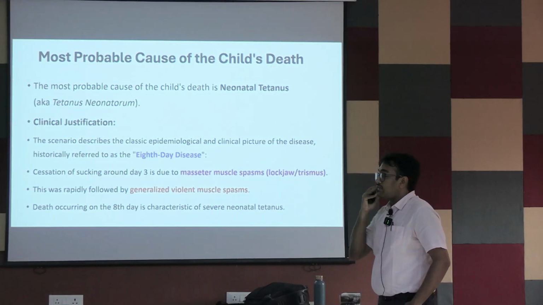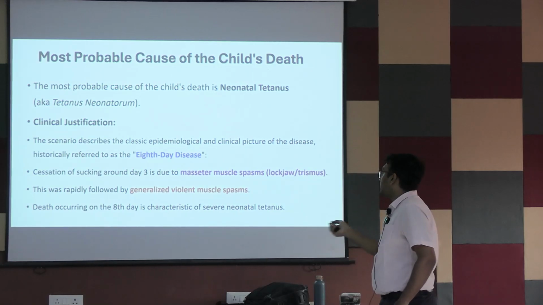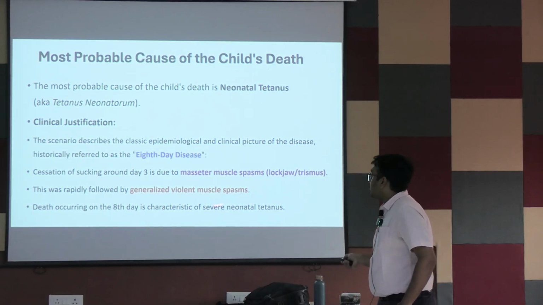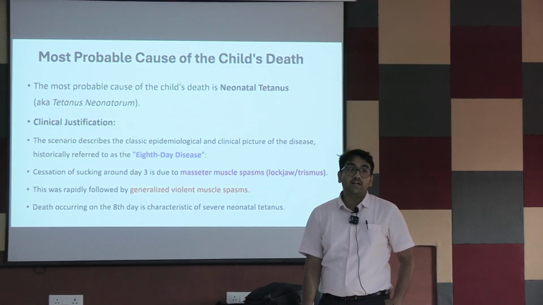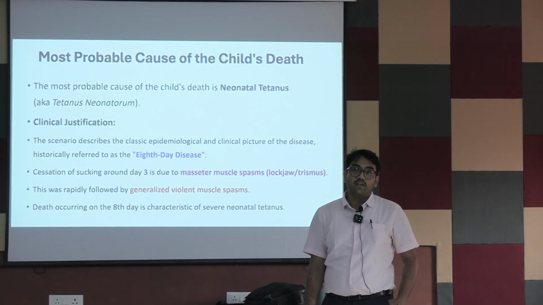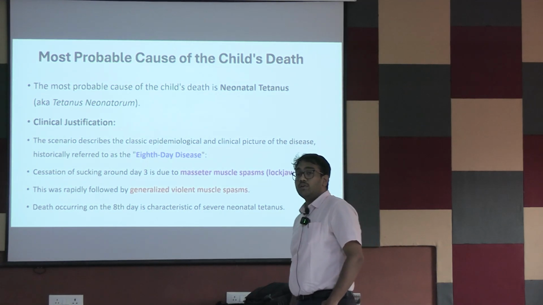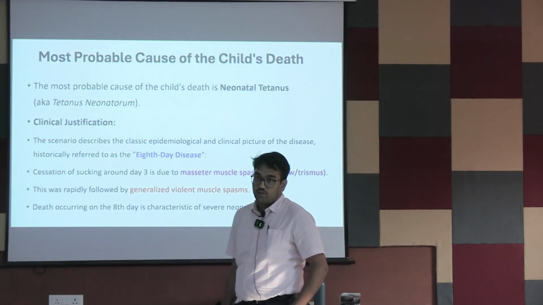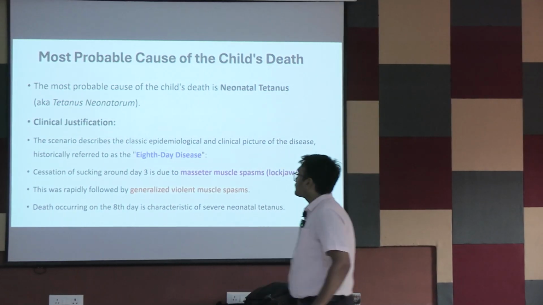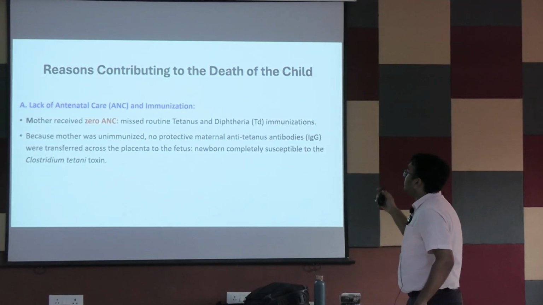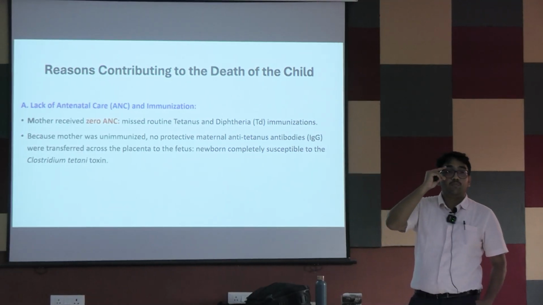Then gradually, as the disease progresses, the baby has generalized violent muscle spasms, and finally death occurs on the 8th day. This is the characteristic presentation of neonatal tetanus.